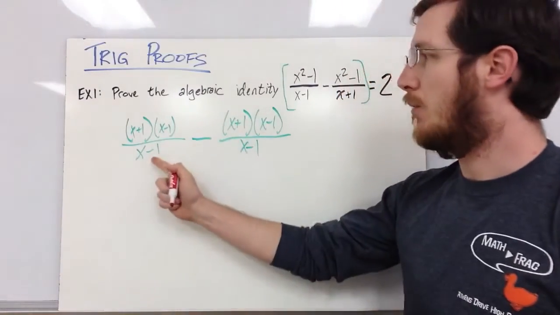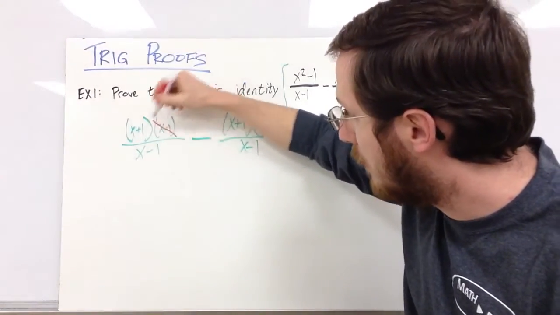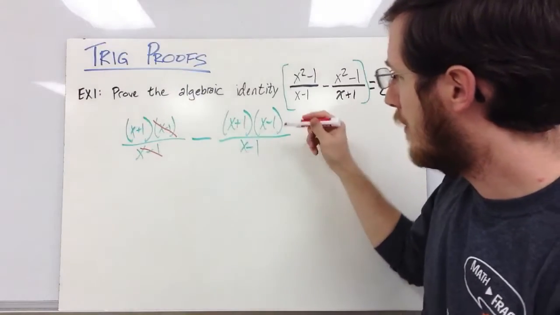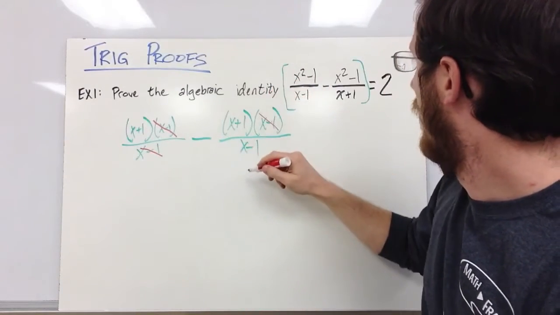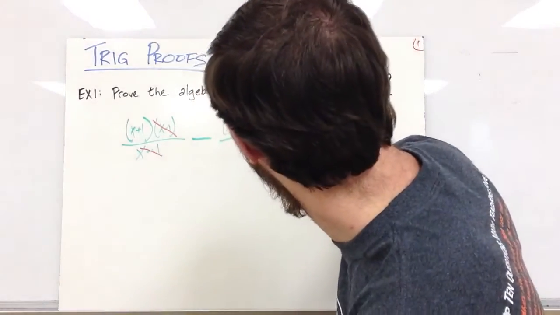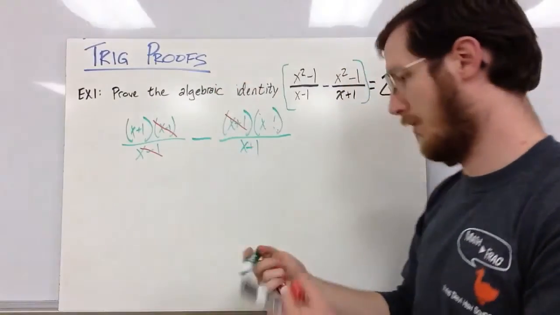Now we can see that we've got common factors on the top and the bottom of our first term, x minus 1. Anything over itself is 1. And in our second term, we've also got, nope, that should be a plus, shouldn't it? All right, so let's keep that one, and let's cross through that one.